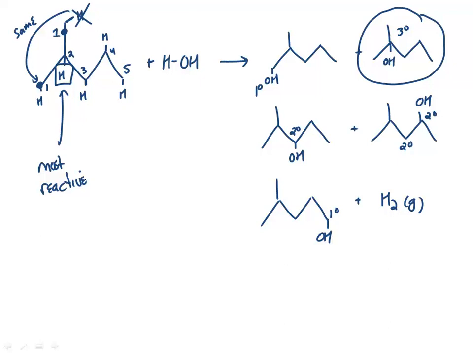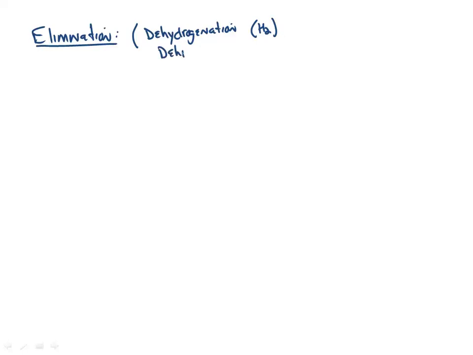Okay, you guys feeling okay with substitution reactions? Okay, and the next one we're going to go to is the elimination. Sometimes, depending upon what these are called, they can be called dehydrogenation, if it's specifically removing hydrogen gas, and it can be called a dehydration if we end up removing, say, a water molecule from something.